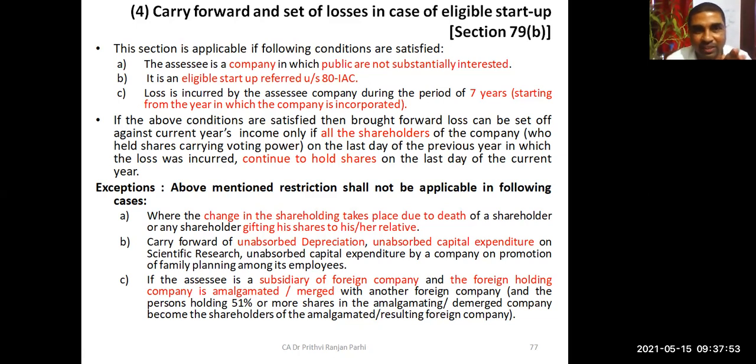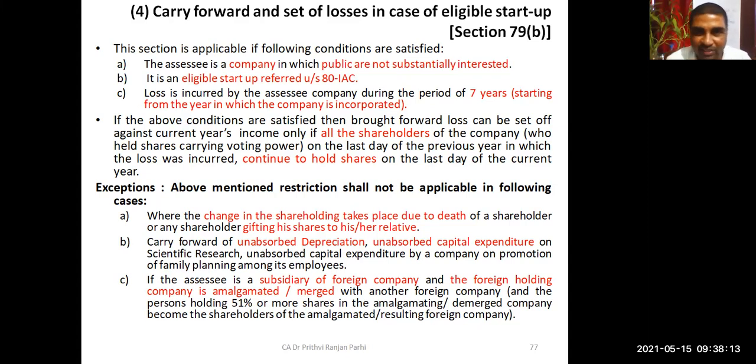Then the loss should be incurred by the company during the period of 7 years, starting from the year in which the company was incorporated, and this loss pertains to these 7 years.